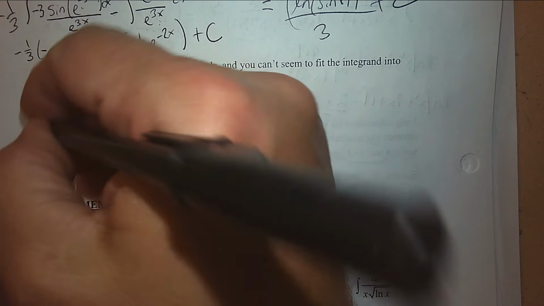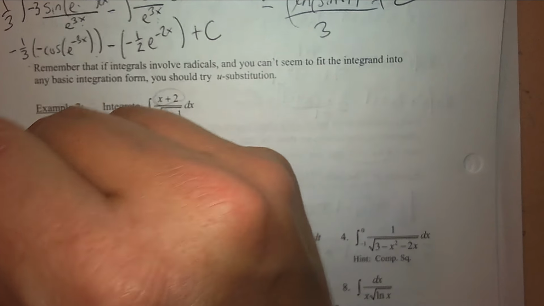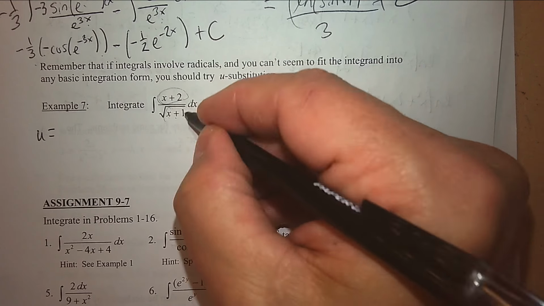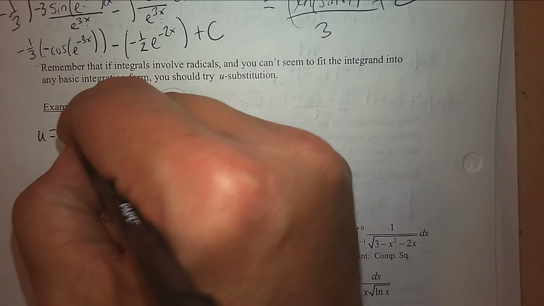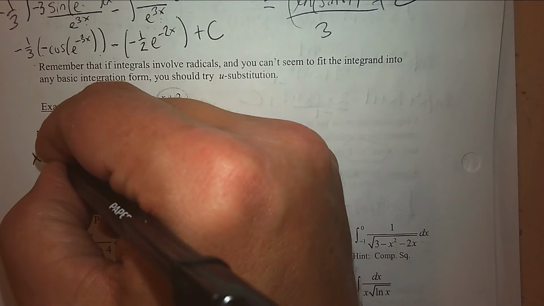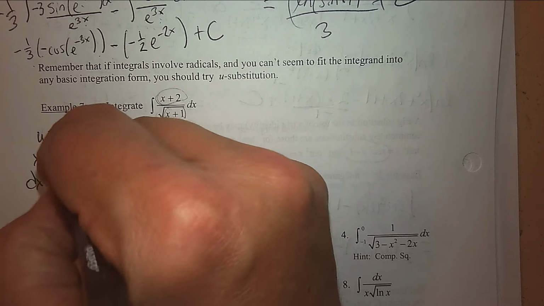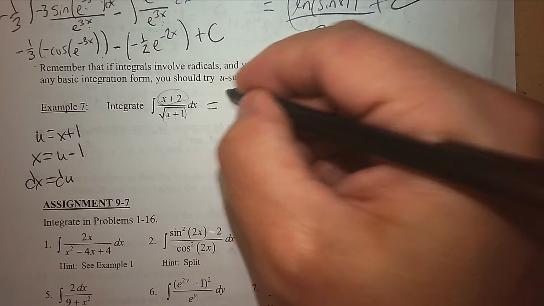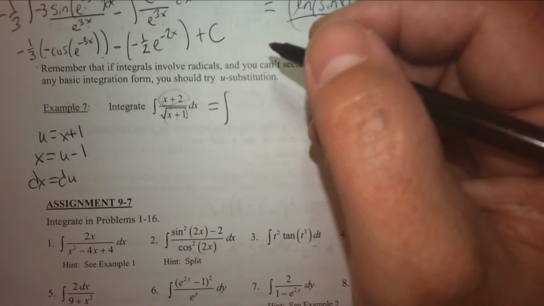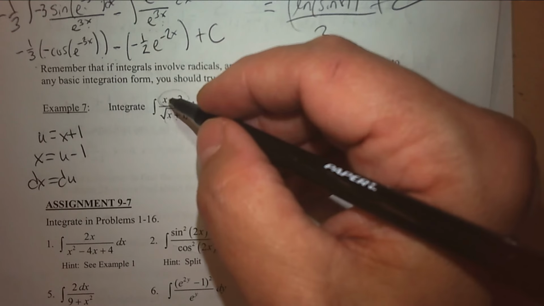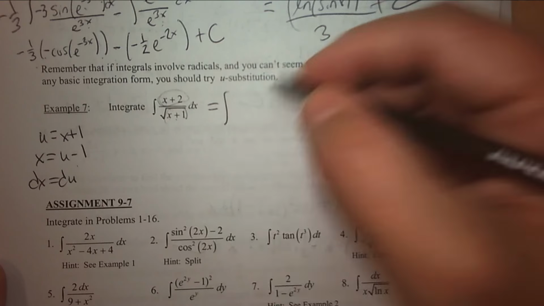So instead, what would a U-substitution look like? What part doesn't fit? X plus, what does x equal? U minus 1. What's dx? Right? And now, how do you substitute in? So where you see an x, what are you going to put in?